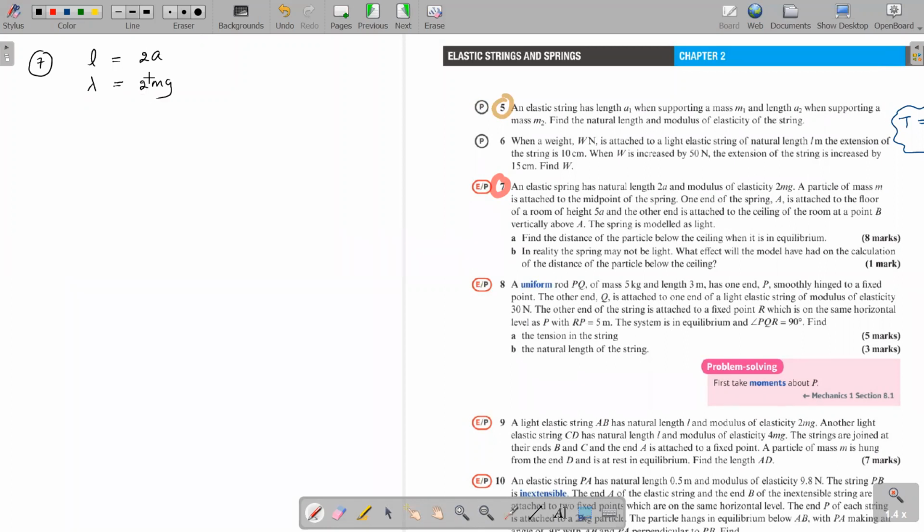A particle of mass m is attached to the midpoint of the spring. Can you see what they are doing? You have the natural length 2a, and they're attaching a particle to the midpoint of the spring.